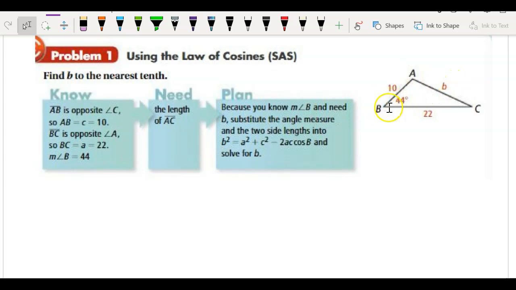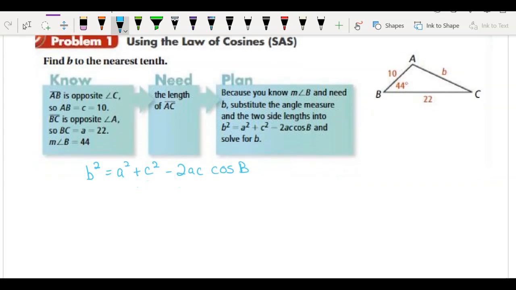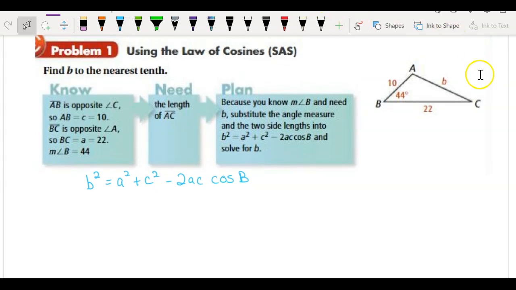Good for us, we have the measure of angle B. So we're looking for B, so we set the equation up as B squared equals A squared plus C squared minus 2AC times the cosine of angle B. Our sides aren't really labeled that way, but as long as we know which side we're looking for, which is AC, these other two can be A and C.